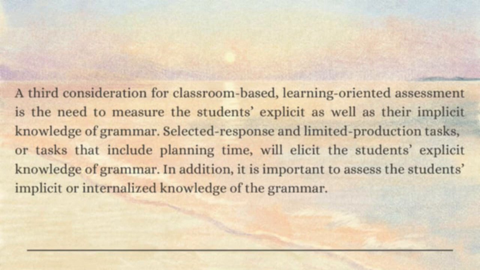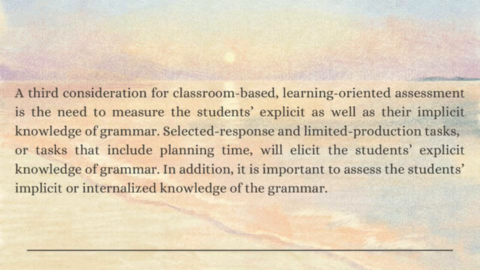A third consideration for classroom-based learning-oriented assessment is the need to measure the students' explicit as well as their implicit knowledge. So in a learning-oriented assessment of grammar, we need to look at what students know, which is the explicit, and also what they have absorbed and can use automatically, the implicit.